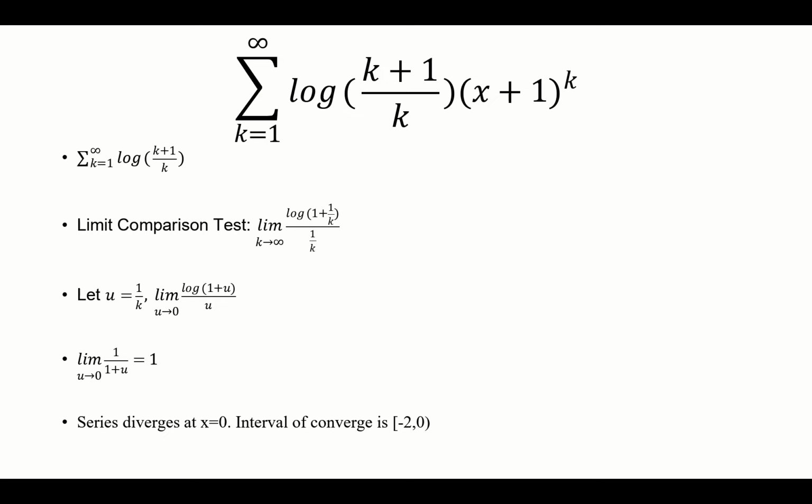In this case, because the sum of 1 over k diverges by the p-test, so will the sum we were just looking at. So this is going to diverge at x equals 0. And so we only include negative 2 in our interval. So it would be negative 2 to 0, and that's our final answer.